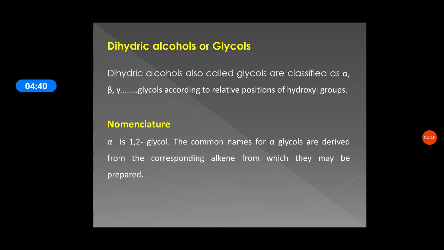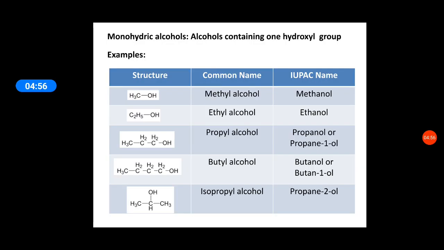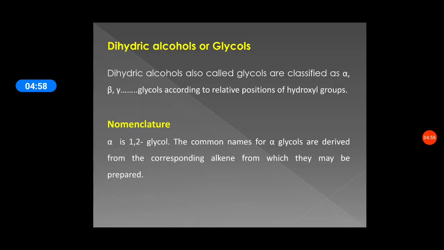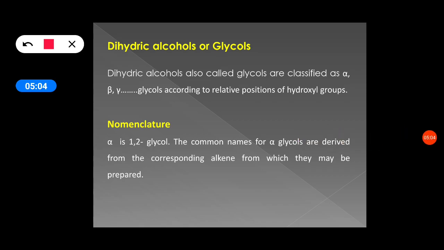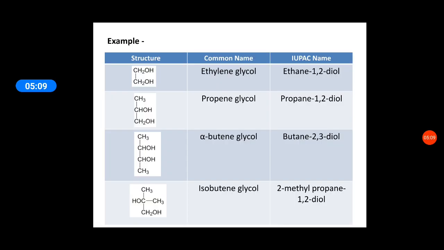Dihydric alcohols are also called glycols, and these glycols are classified as alpha, beta, gamma glycols according to relative positions of hydroxyl groups. So alpha is 1,2-glycol. The common name for alpha glycol is derived from the corresponding alkene from which they may be prepared. Examples for alpha glycols: 2 carbons and 2 OH groups are there.